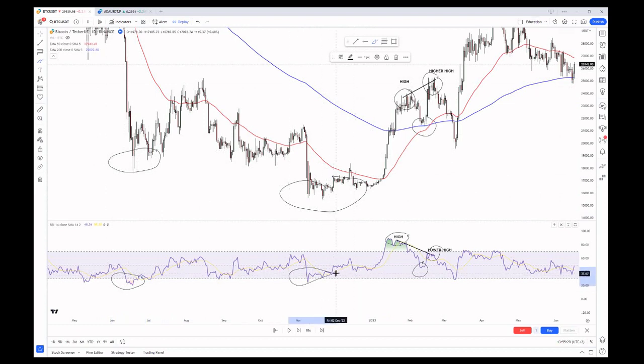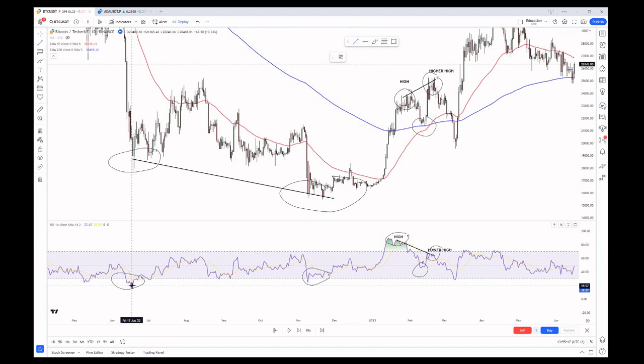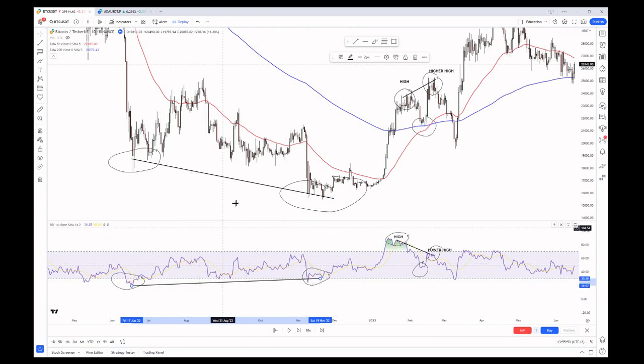I'm not very good at drawing nice rounds here. So again, this is a bullish divergence. We have a low, and a lower low, and on the RSI you see a low and a higher low, which could mean price is bottoming out and we are ready for a trend reversal.